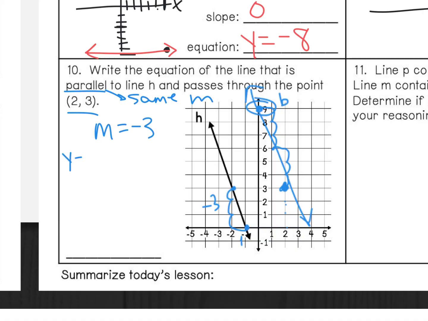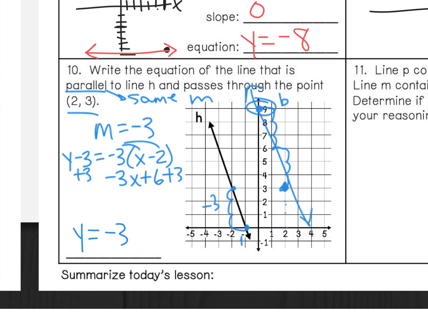Or you can do what we did before: y minus 3 equals -3, x minus 2, -3x plus 6, add my 3. What's 3 and 6? 6, 7. -3x plus 9. Okay, so you can either use the graph or you can use point slope.